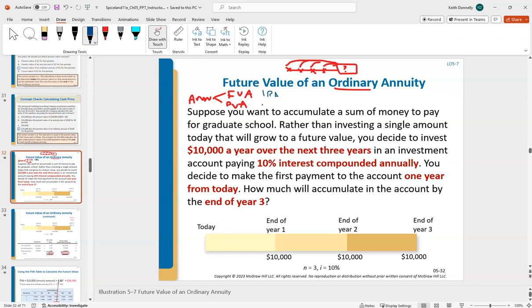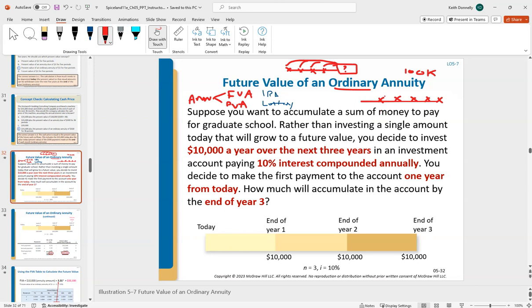The flip side, the present value of an annuity, would be like winning the lottery. When you win the lottery, they may say something like, look, we're going to give you two choices. We will give you 100 grand right now, or we'll give you 10 grand for the rest of your life. And maybe you're a little bit older.